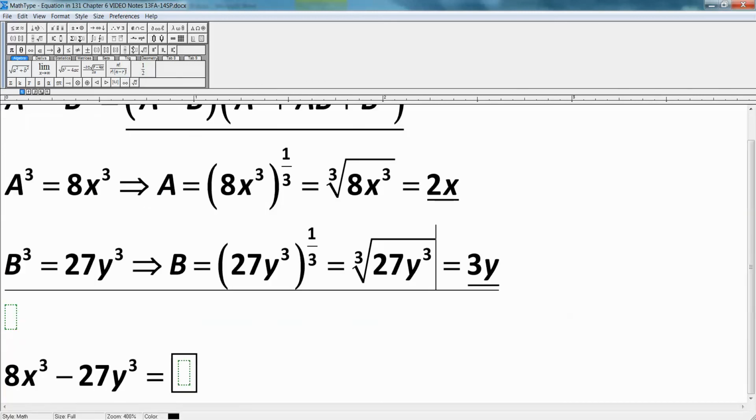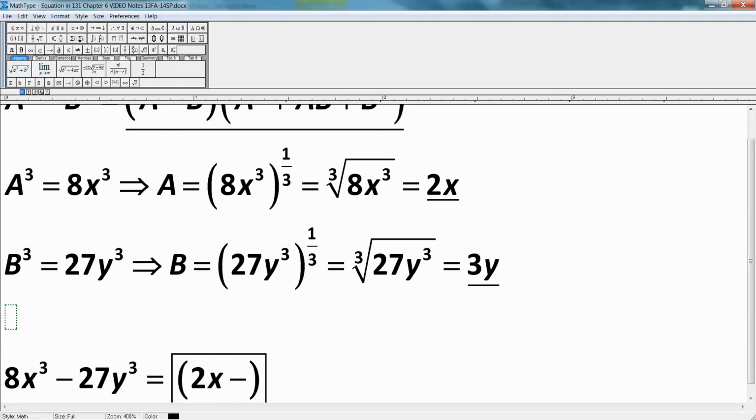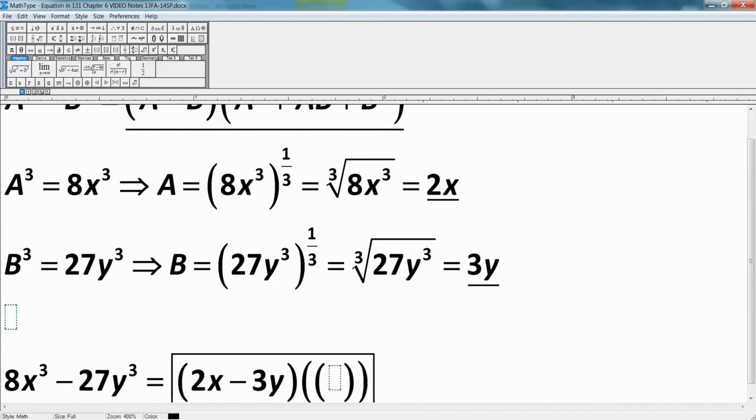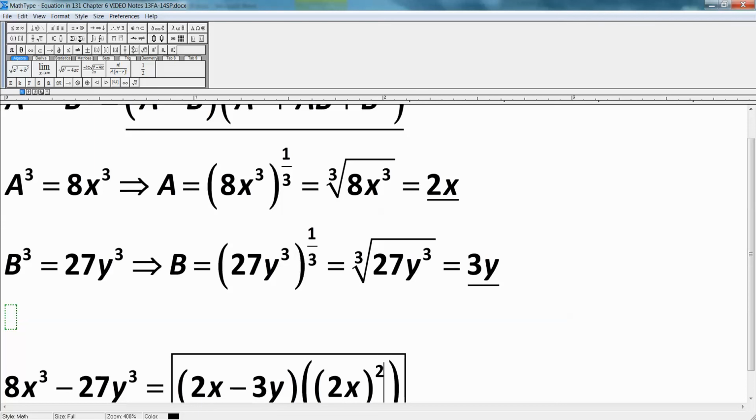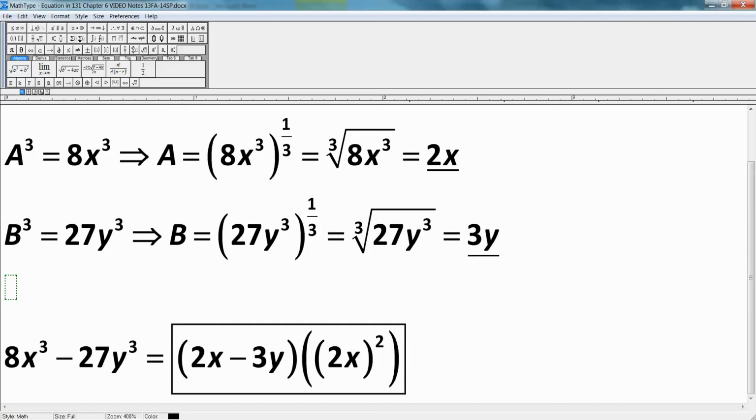Now that we have that, all you have to do is substitute in the formula, and you got it. So you've got 2x, so 2x, take away 3y. There's a, take away b. Then you have, now here's where it gets fun. You have a squared, so that's 2x squared. Plus ab, so plus 2x times 3y.